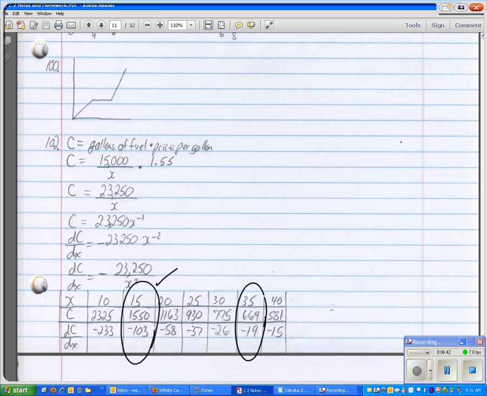That's the guy that needs an extra mile per gallon. Okay, because it's going to have a bigger effect, isn't it? Because the rate of change is bigger the lower your miles per gallon is. All right, point being, there's not just a tremendous difference in the cost per year or the rate of change of the cost between 35 and 40, is there?